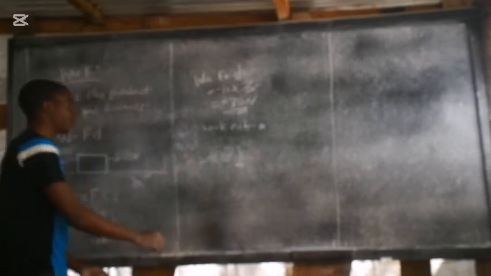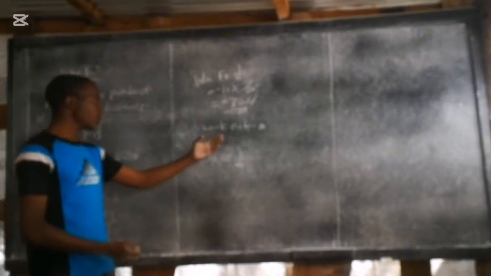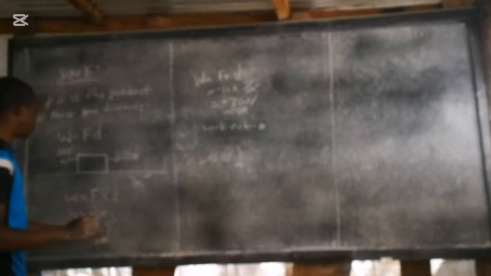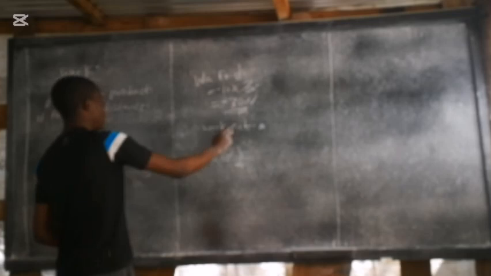So for the net work, we just subtract 60, or I can say we just add, because here the friction force is negative.